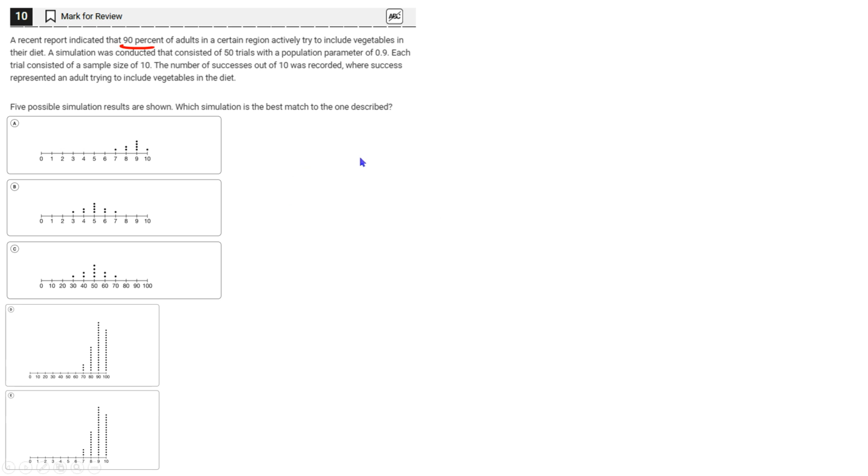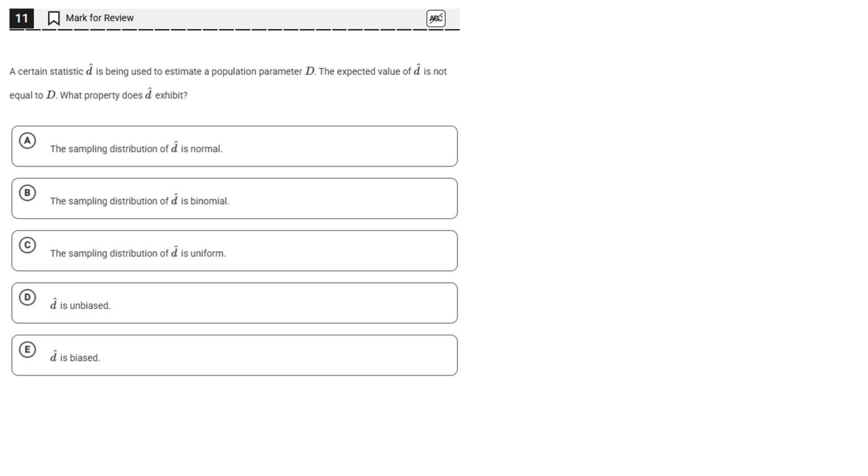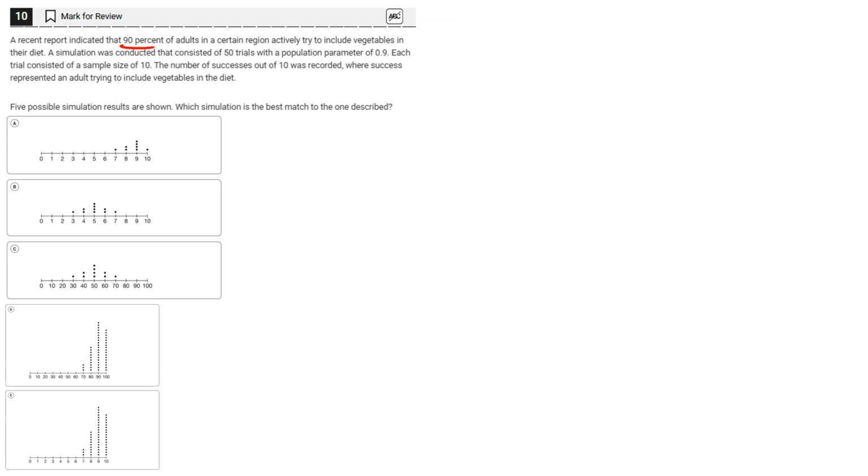So the population parameter is 90%. And we're talking samples of size 10. So basically, we should get something at 90%. These are out. These are counts. They don't say 90%.